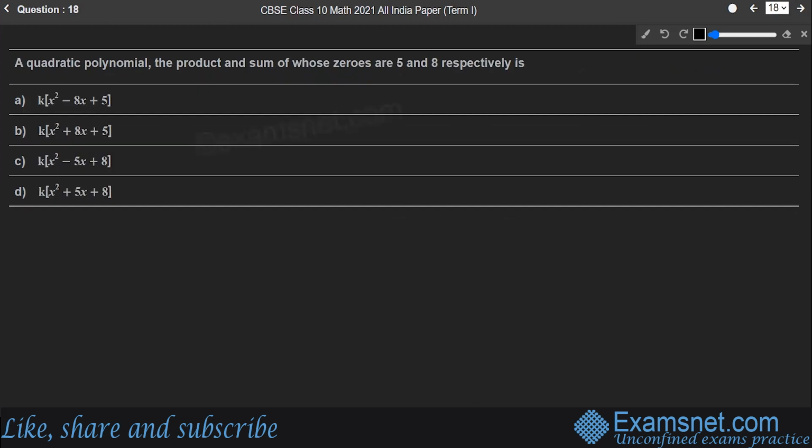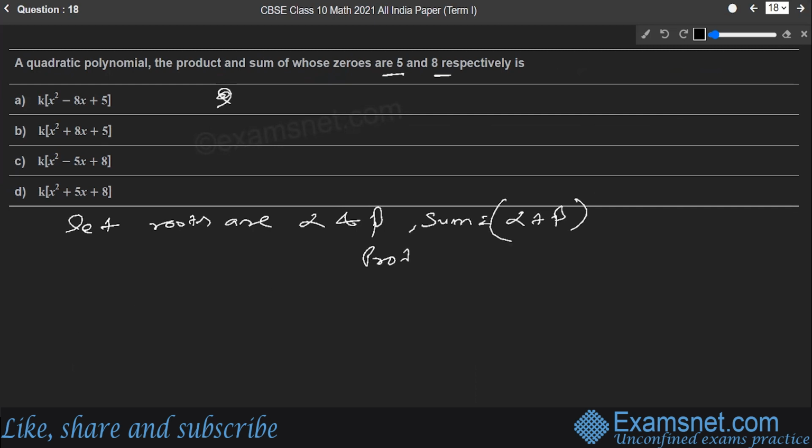Next: a quadratic polynomial, the product and the sum of whose zeros are 5 and 8 respectively, is. So let the roots be alpha and beta. The sum of roots is alpha plus beta, and the product of roots is alpha beta.